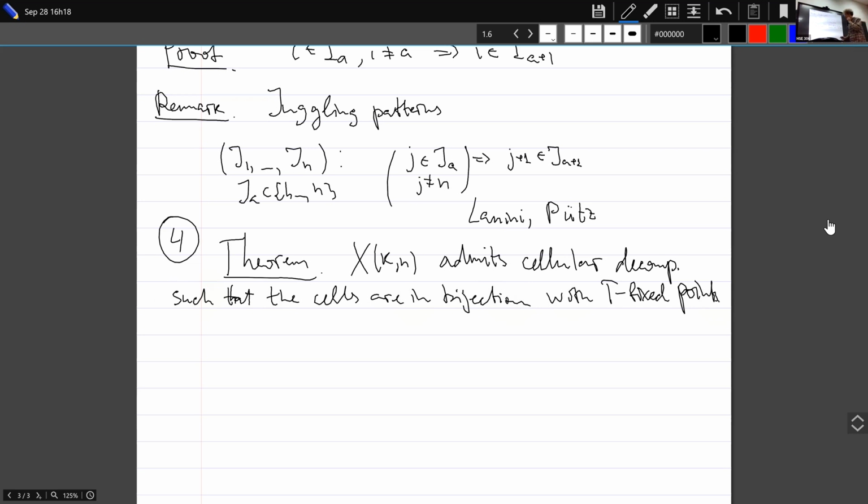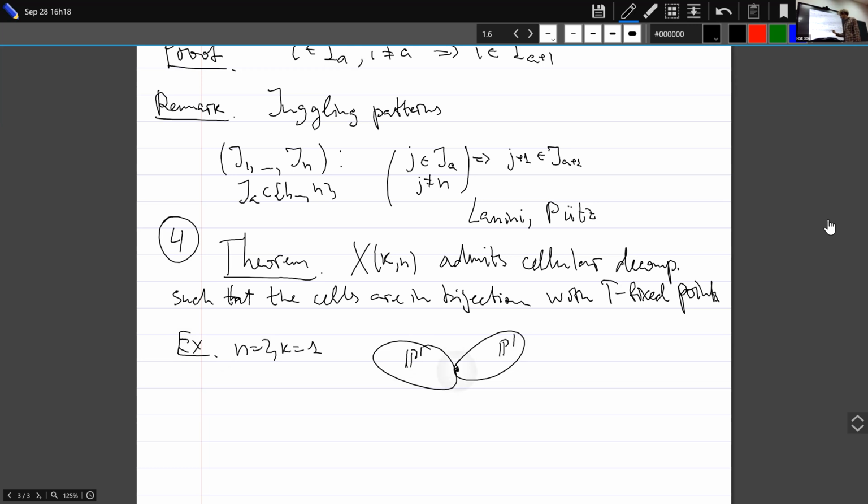Let me give you an example. N is 2 and K is 1. So we had it in a very explicit way. You can see that these are 2 P1s.